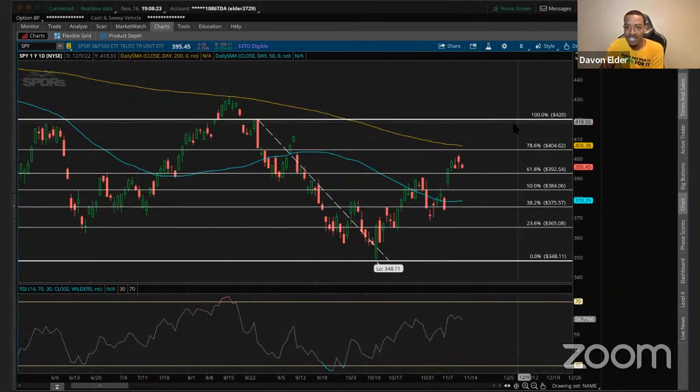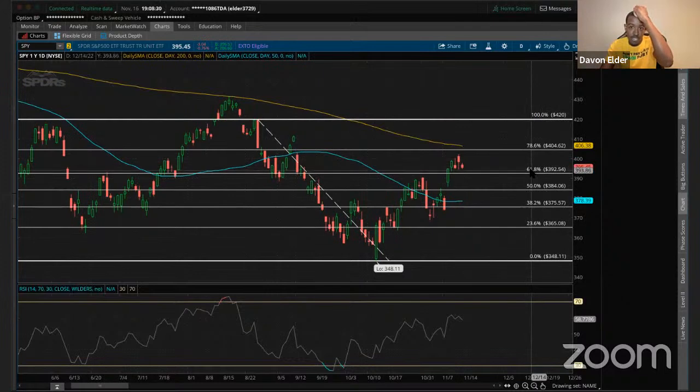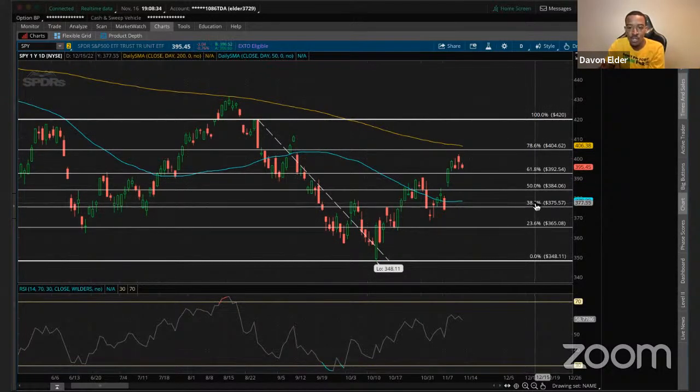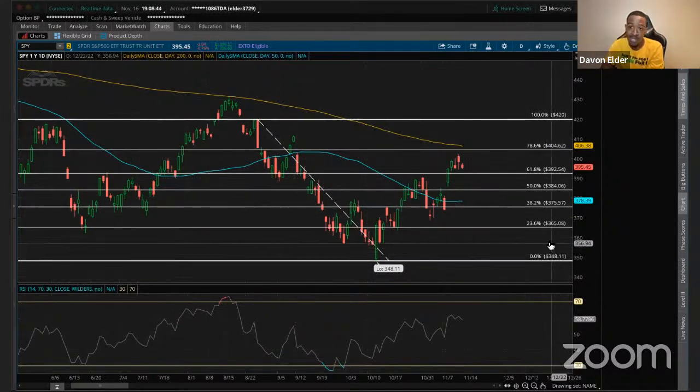And so when we look at these levels, I like to look at the 78.6% fib level, 61.8, 50%, and sometimes the 38.2% fib level. Now, if we were to break below this 23.6% fib level, we're probably going to have a date with 34811, right?